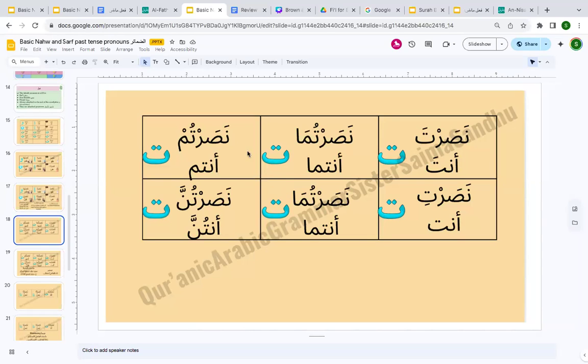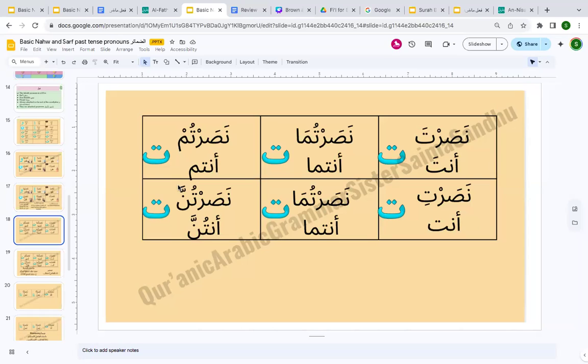In case of masculine plural, you have ta followed by meem, which is meem of plural. It is the meem that denotes the masculine plural. In case of nasartunna, you have noon mushaddad, the noon of feminine plural, and that tells us that the people who are helping are feminine, and it is a feminine plural. Is this clear? Alhamdulillah.